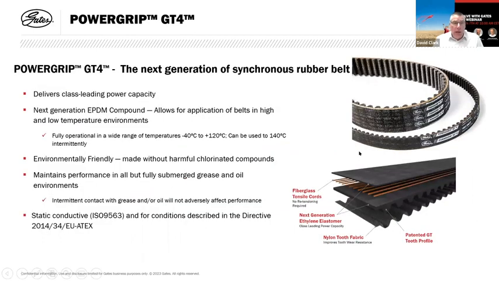Looking more specifically at our next generation synchronous rubber belt, that's Powergrip GT4. It's got class-leading power capacity. All the materials for this belt were developed from scratch, and it includes one of the main new components within Gates belts that we will be expanding going forward in our rubber belt solutions: a next generation EPDM compound.